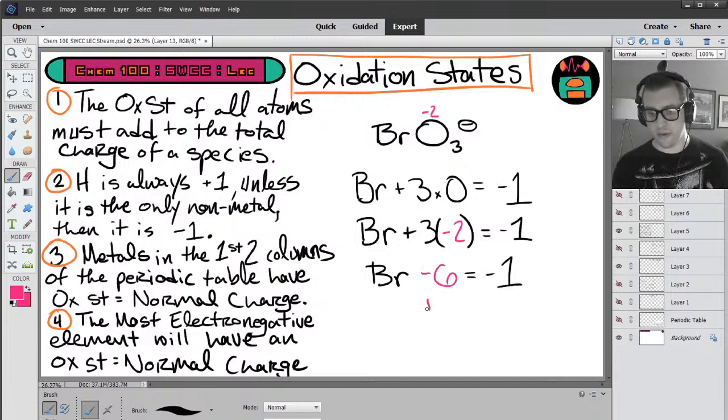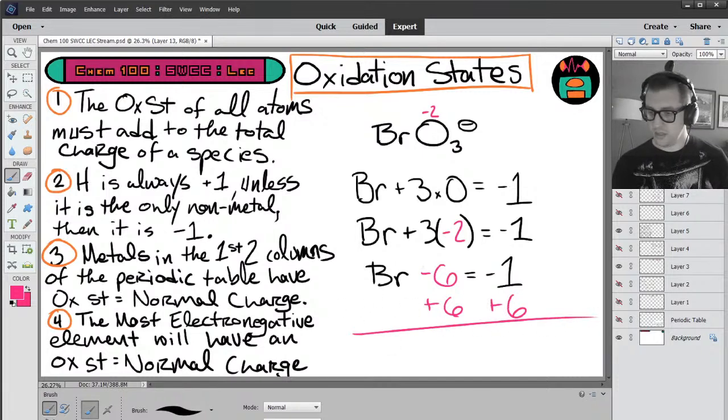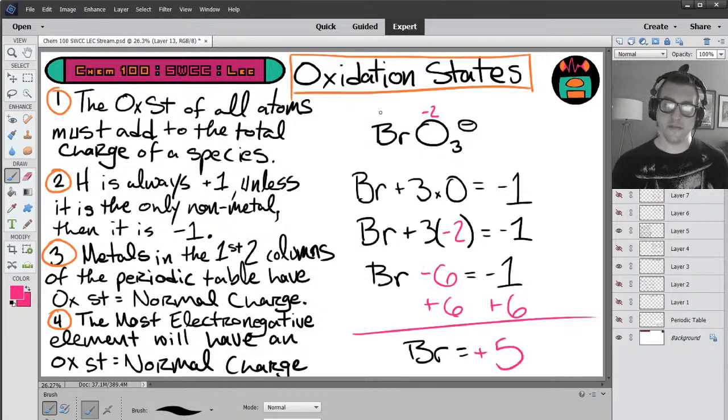And now we add 6 to both sides of this equation. So bromine in this ion has an oxidation state of +5. All right, so that is the oxidation state of bromine and oxygen.